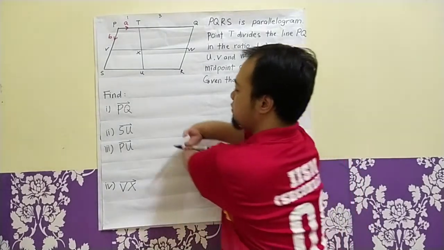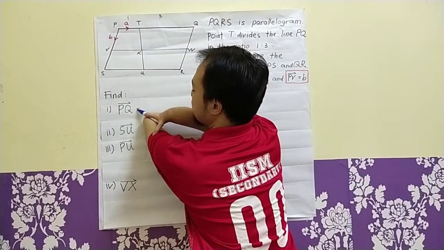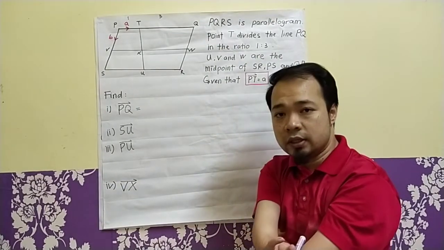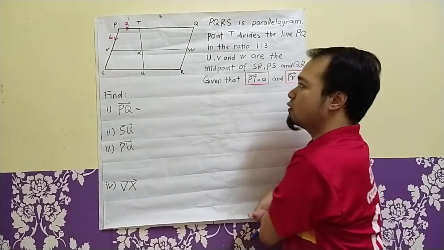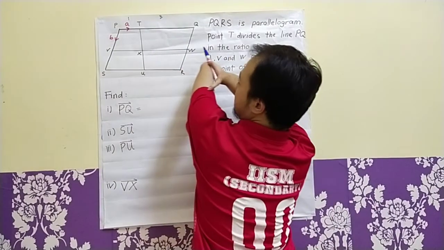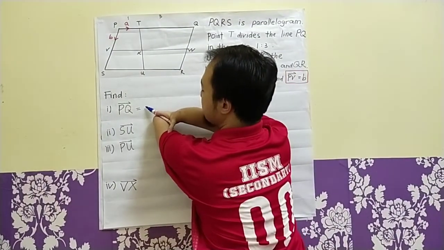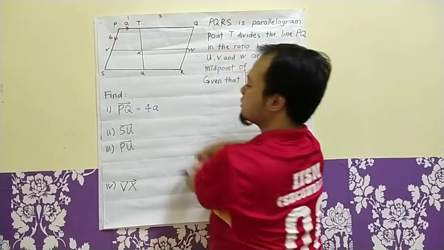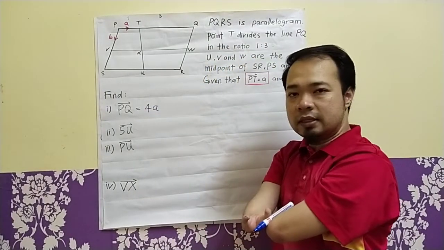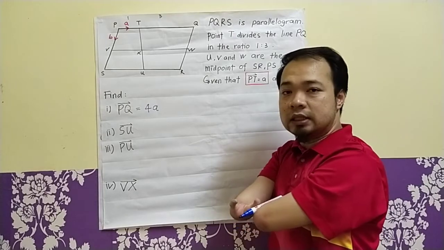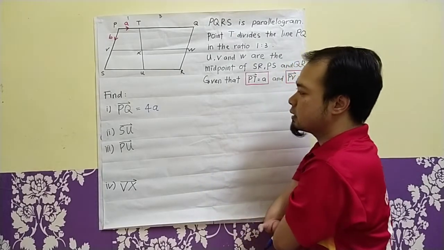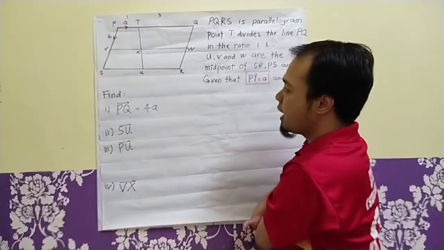So to find PQ, from P to Q, how many units? Yes, 4 units. So from P to Q is 4A.